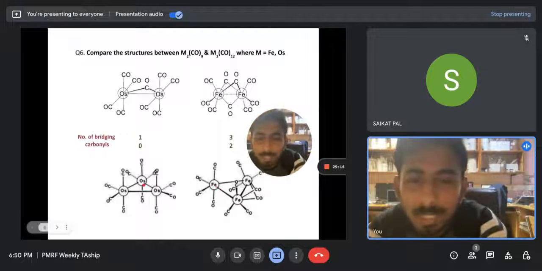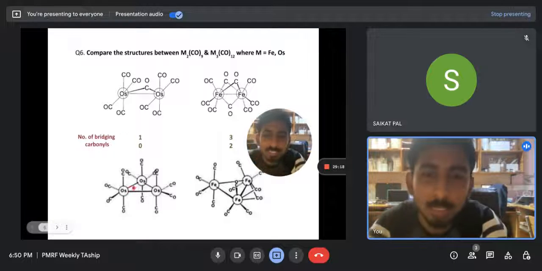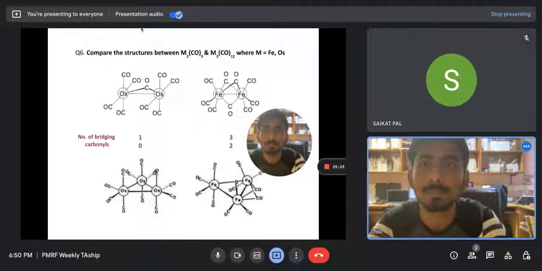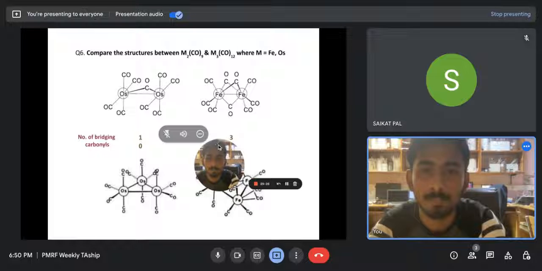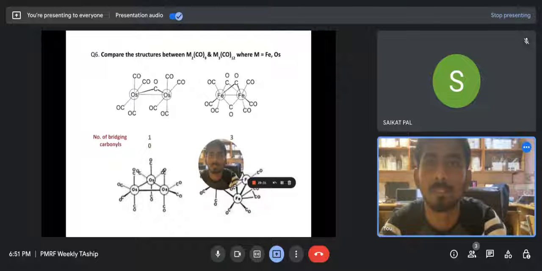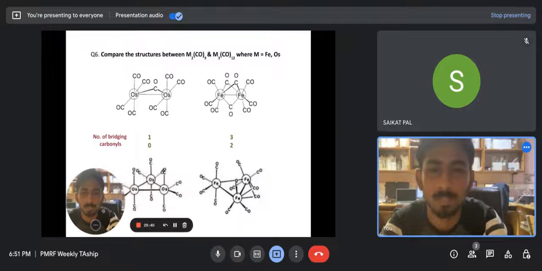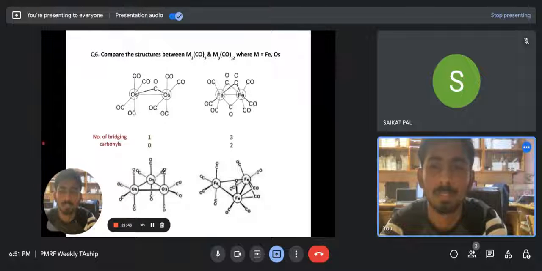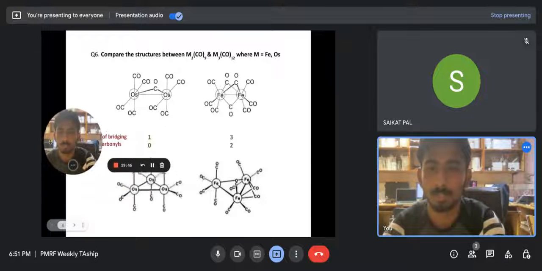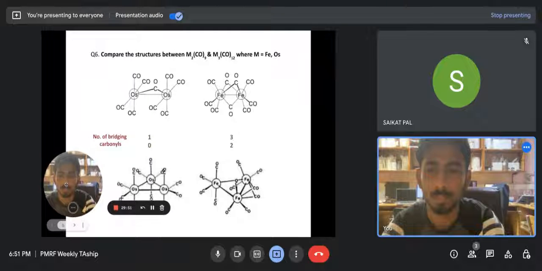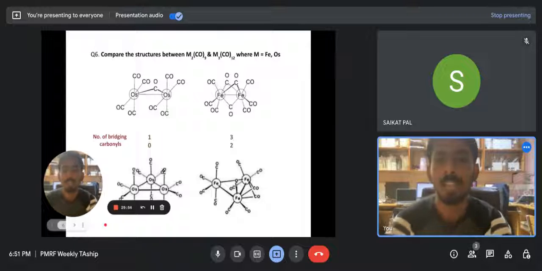Now in the next example you see Os3(CO)12 and Fe3(CO)12.